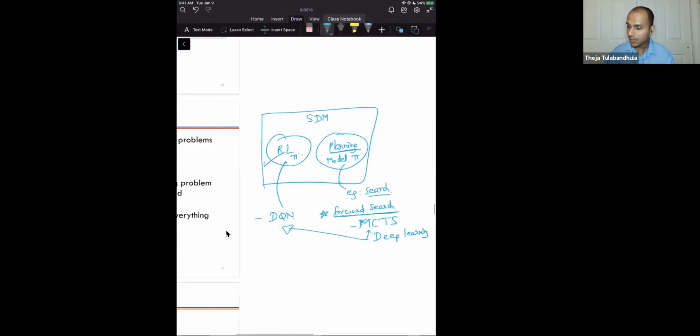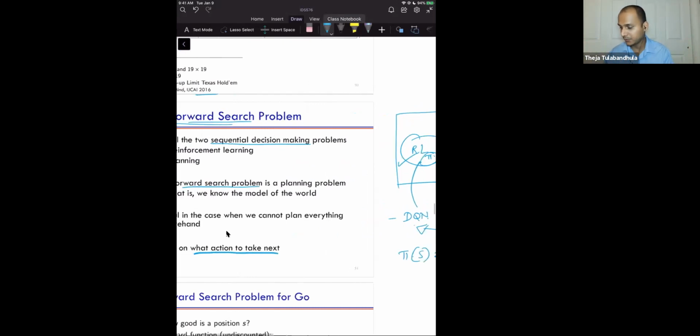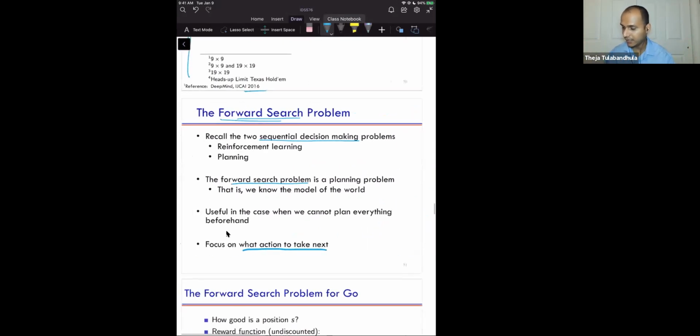You're not answering what the best policy is. Recall, in planning and RL, you want to figure out a policy, the full function: in every state, what should I do? But in forward search, I'm asking only: in this given state, what should I do? You don't have to tell me what to do in other states. So the problem is smaller. That's the objective here.